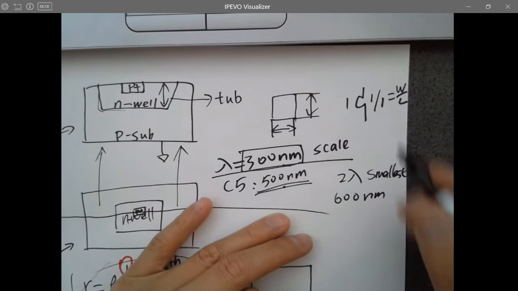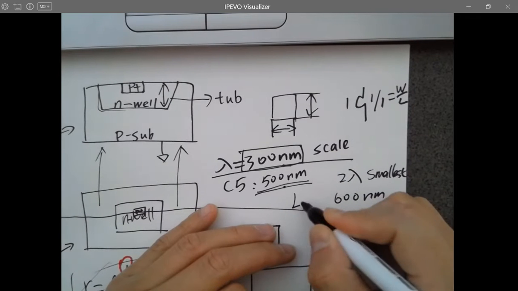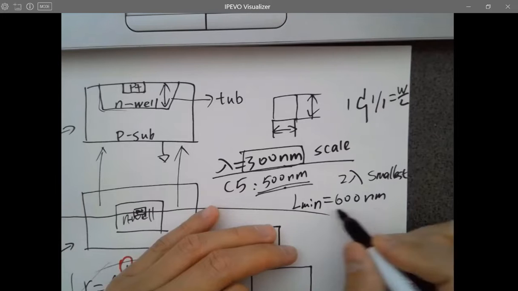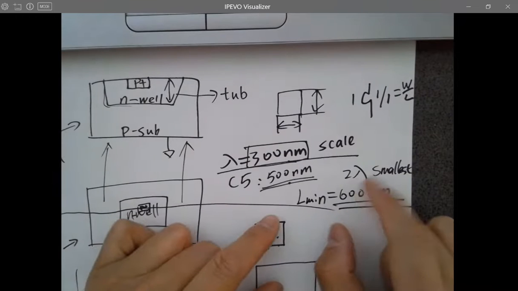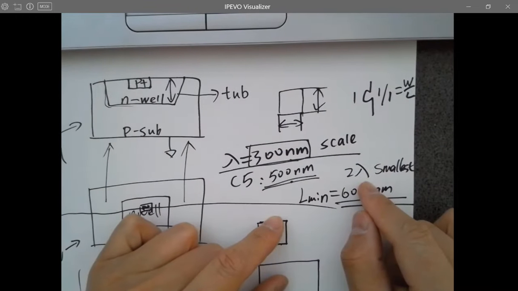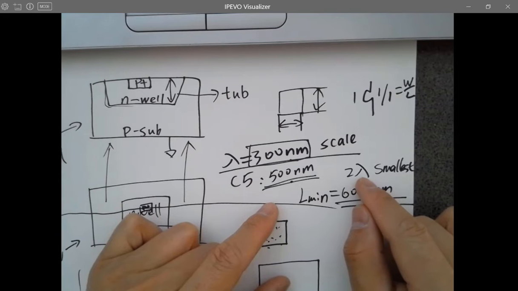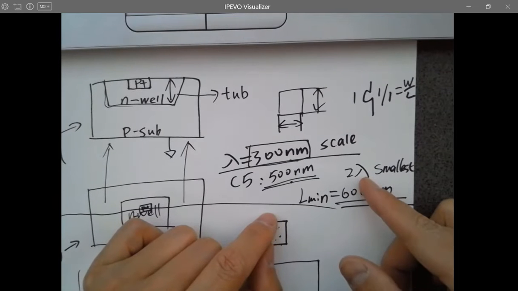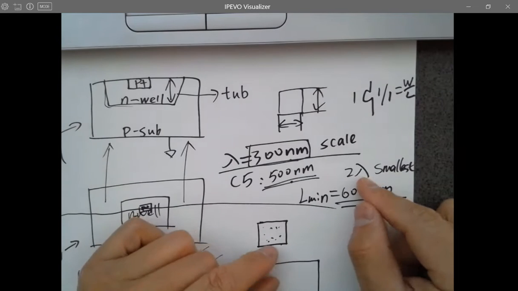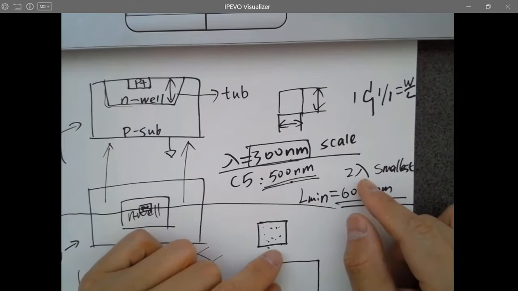Keep in mind, the smallest length will be 600 nanometers for one transistor. We always use lambda in electrical VLSI. So whenever you are looking at the numbers, you directly pick up like 10. 10 doesn't mean 10 micron or 10 nanometer. It means 10 lambda, so it's actually 10 times 300 nanometers, which is 3 micron. Remember?